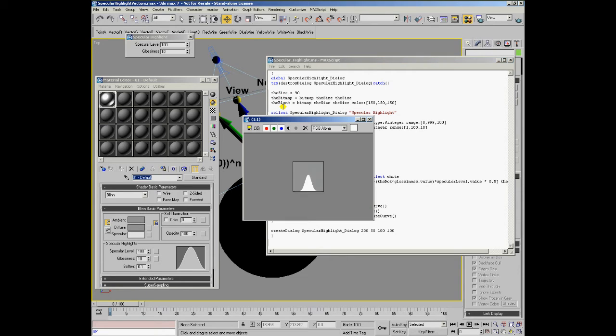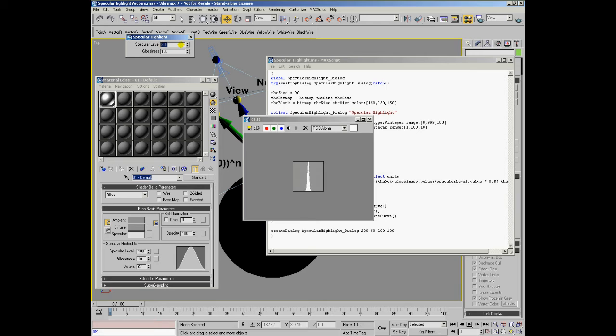If we evaluate the script, we get a curve for specular level 100 and glossiness 10. If we would change the glossiness to 1, we get the typical curve, and if we set it to 50, we get a more sharp spotlight. At 100, it's getting even sharper, and so on.